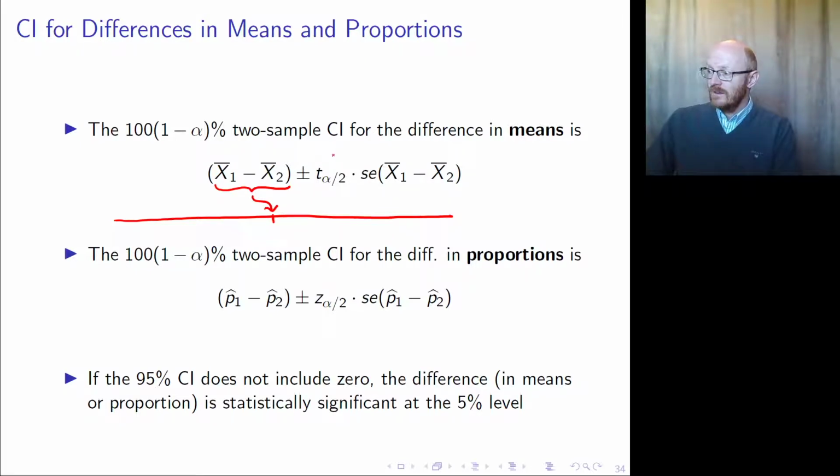Then you have to use the critical value from the t-table, which is dependent on the significance level and on the degrees of freedom.